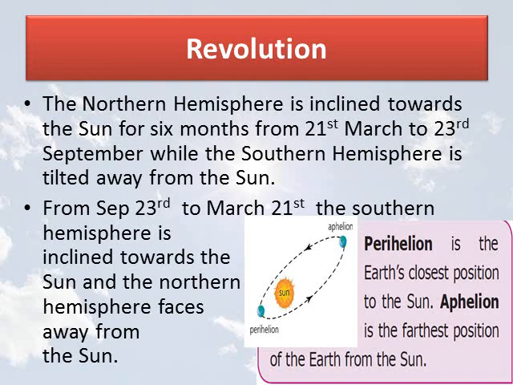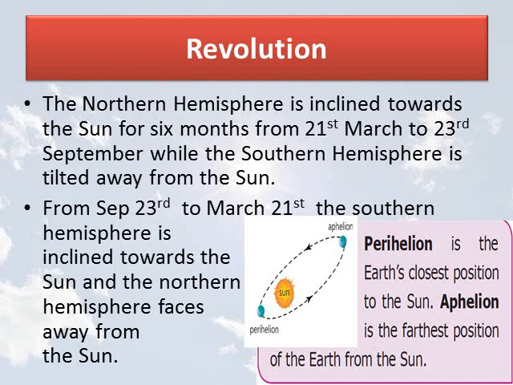And from 23rd September to 21st March, the southern hemisphere is inclined towards the sun and the northern hemisphere faces away from the sun.